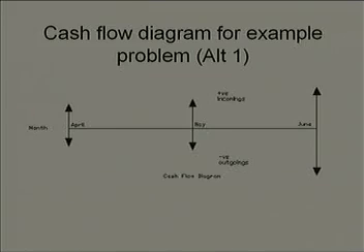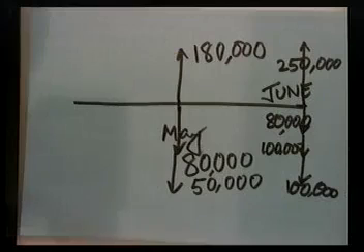For the month of May, in the upward direction you have 180,000, right? For the month of May itself, in downward direction you have 130,000.